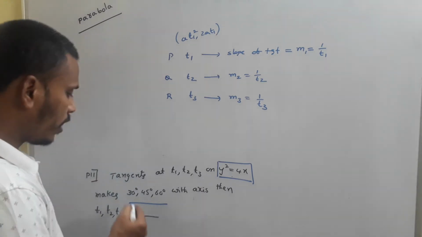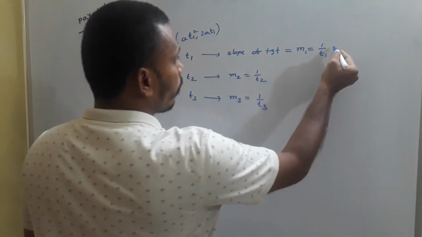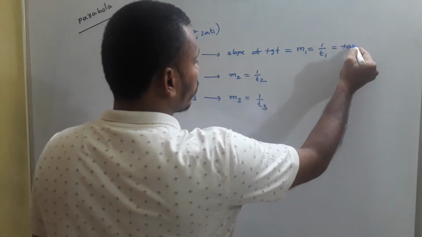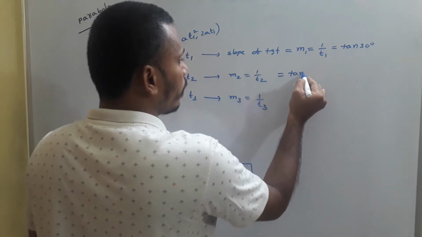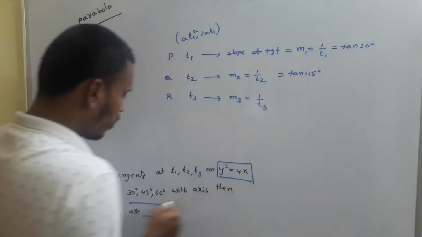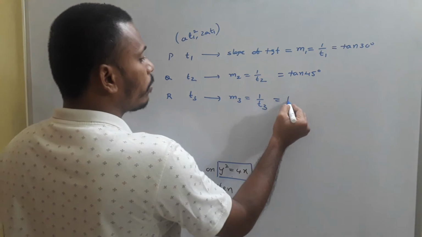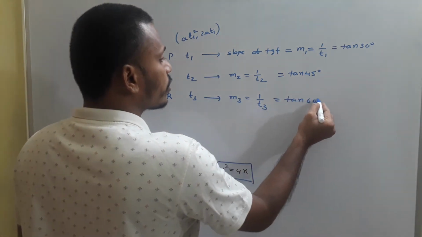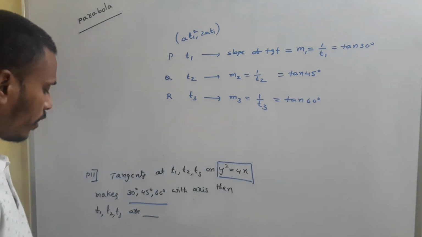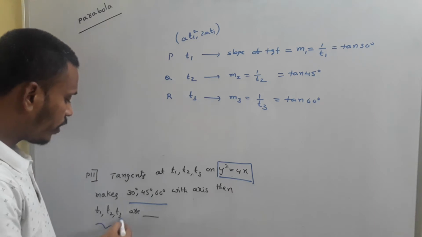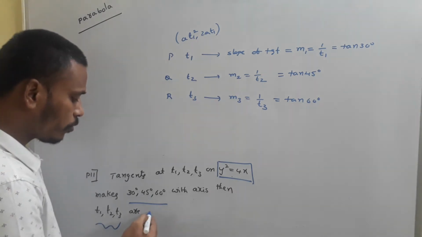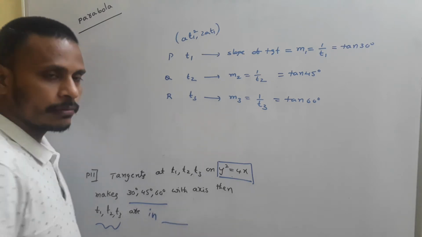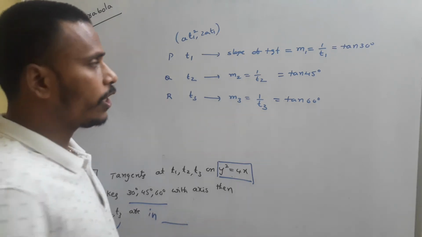So from that knowledge, this m1, 1 by T1 is simply nothing but tan 30 degrees. This m2, 1 by T2 is nothing but tan 45 degrees. And 1 by T3 is tan 60 degrees. The question is to identify whether T1, T2, T3 are in AP, GP, HP, that's what we need to identify.